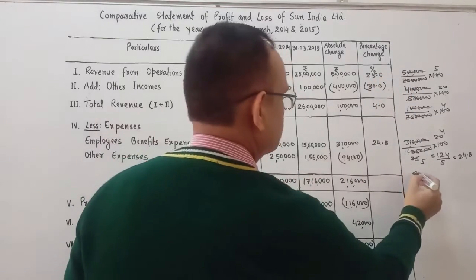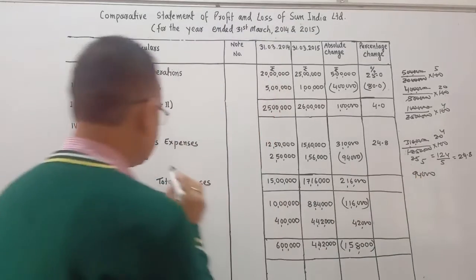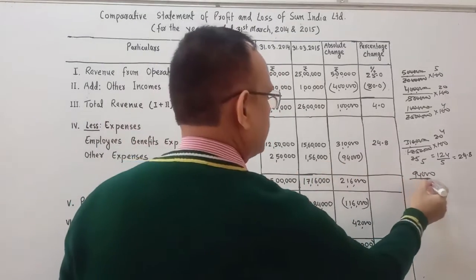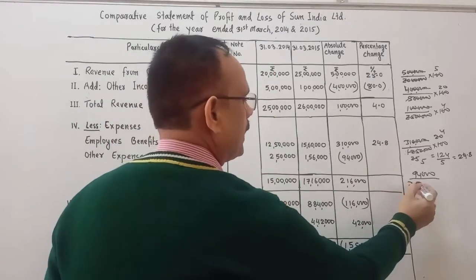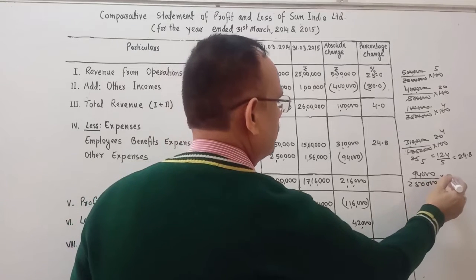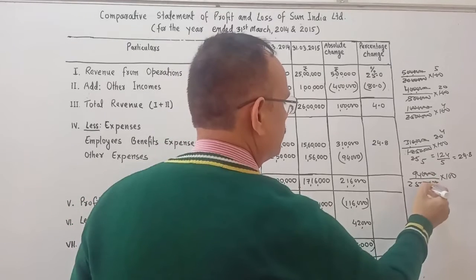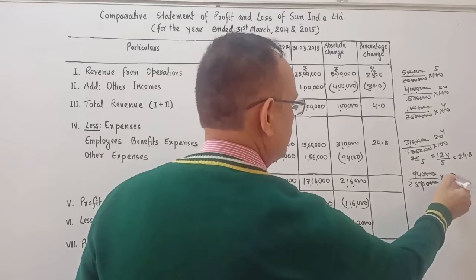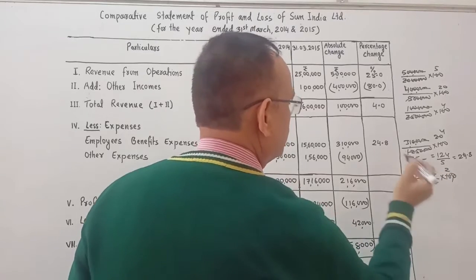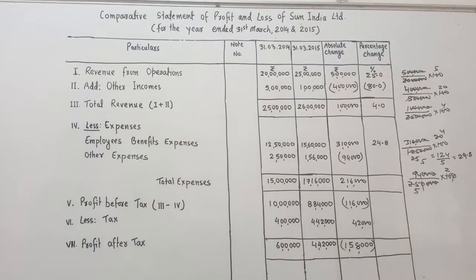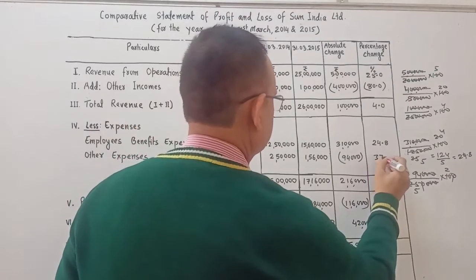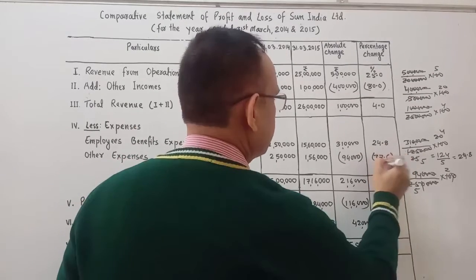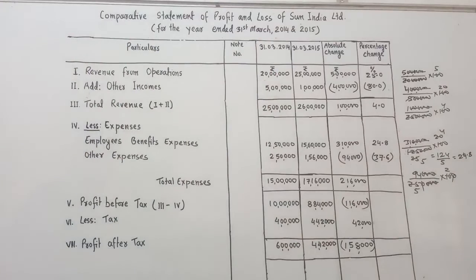Here it is 94,000, other expense. Absolute change 94,000 divided by previous year figure 2,50,000 into 100. So this is 37.6%, but it is negative.